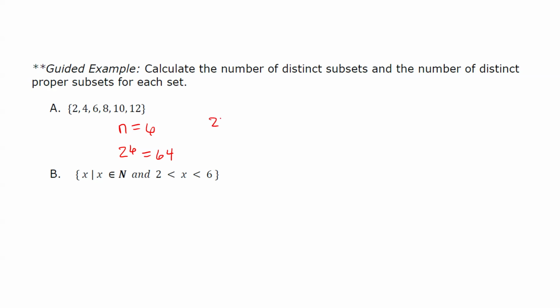To find the number of distinct proper subsets, we take 2 to the 6th power and subtract 1. So that is 64 minus 1, which is 63. So we have 64 subsets and 63 proper subsets.